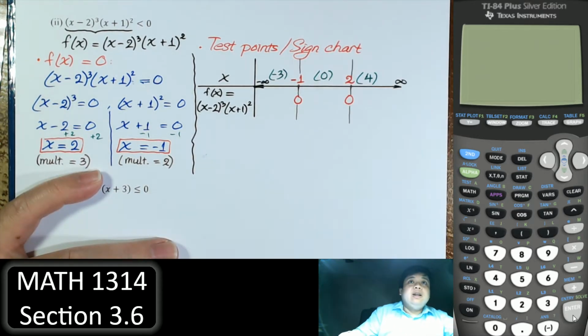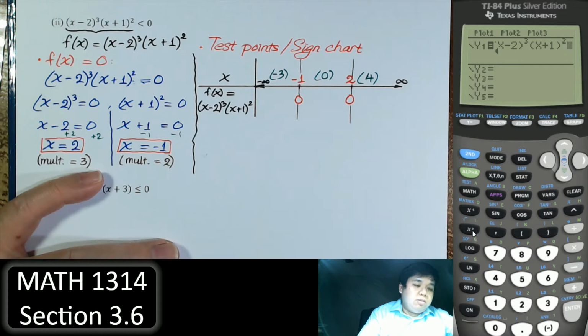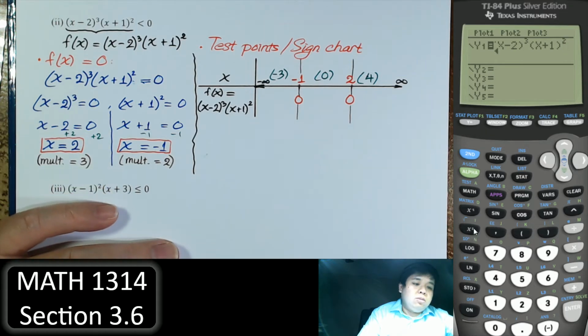Right, I recommend you just evaluate using the calculator, or it will be quicker. (x minus 2) cubed (x plus 1) squared, right?